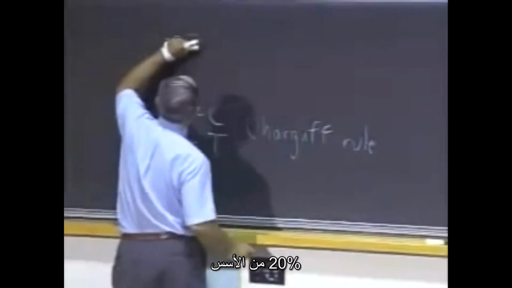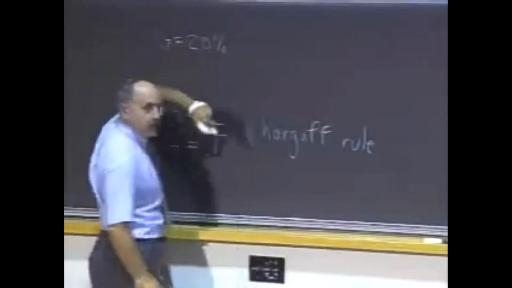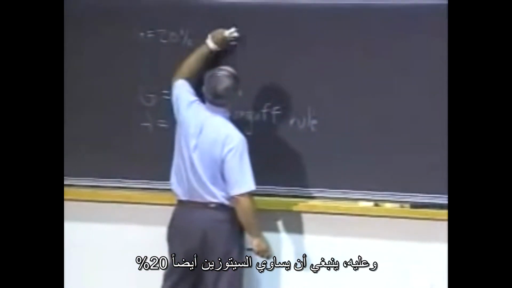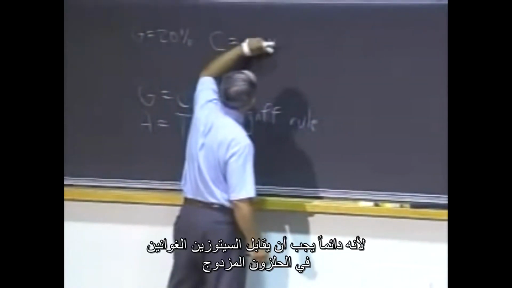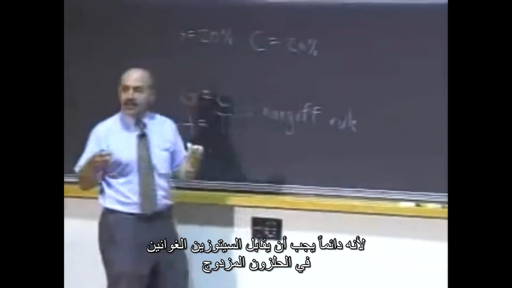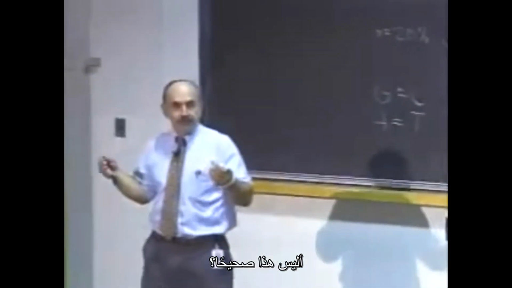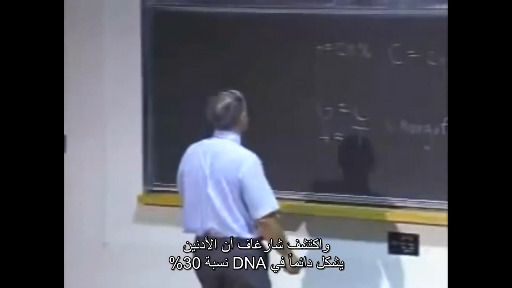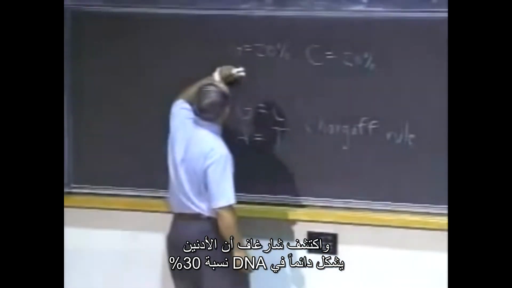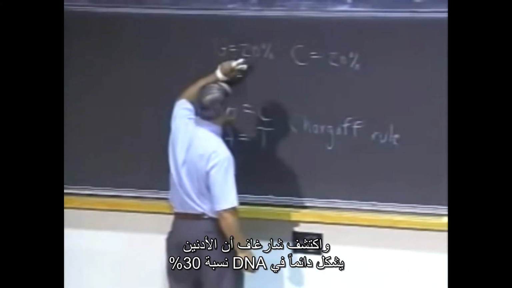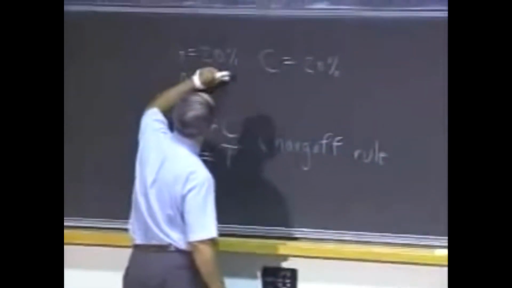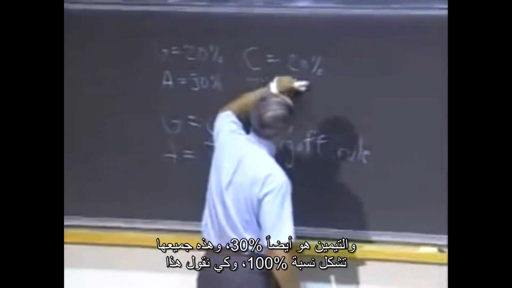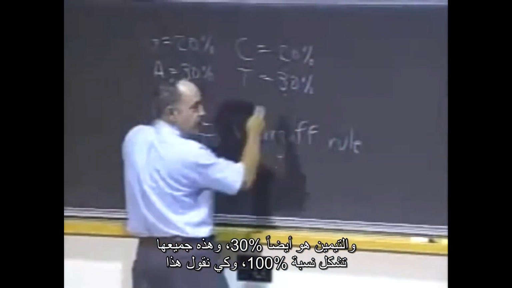G equals 20% of the bases. Therefore, obviously, we know C must equal also 20%, because there always has to be a C opposite a G in the double helix, right? G and C always have to be equal. And Chargaff discovered that, in fact, A in such DNA always was 30%, and T was also 30%. Well, these together make up 100%.